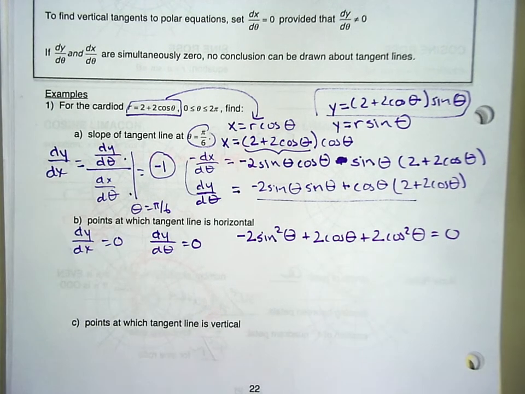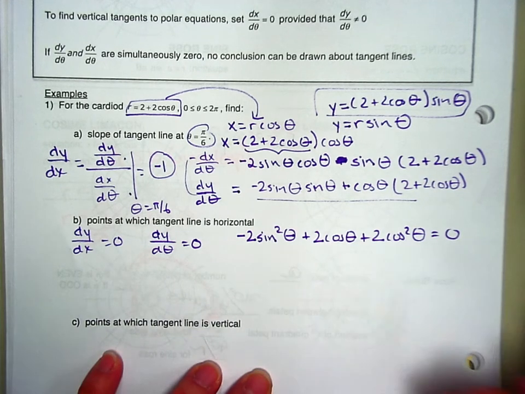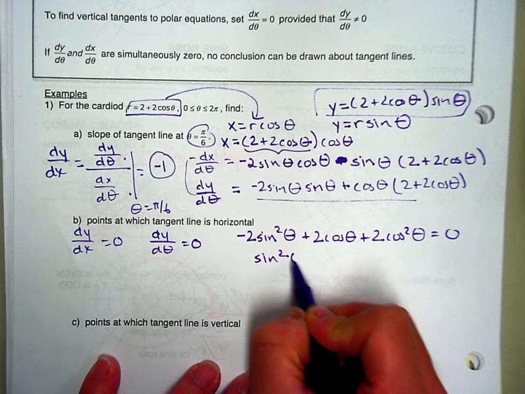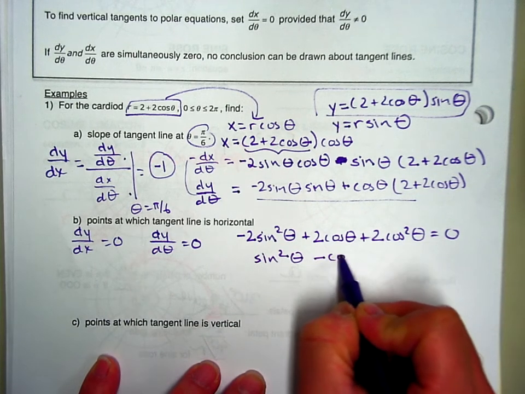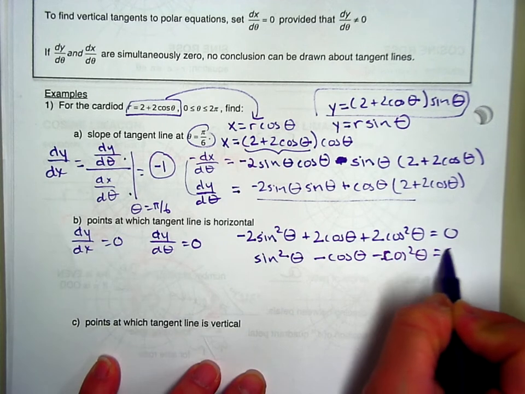Now at this point, this is all your pre-calc skills. We're going to have to simplify this out, try to solve this quadratic. I noticed that I can divide everything by a negative 2, so I'm going to clean this up a little bit. Sine squared theta minus cosine theta minus cosine squared theta equals 0.